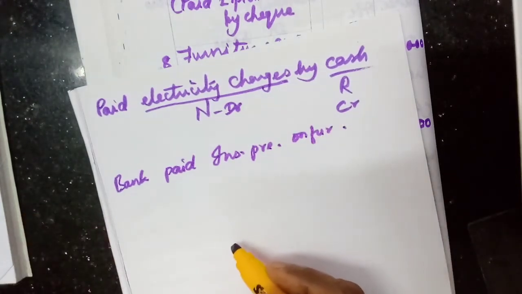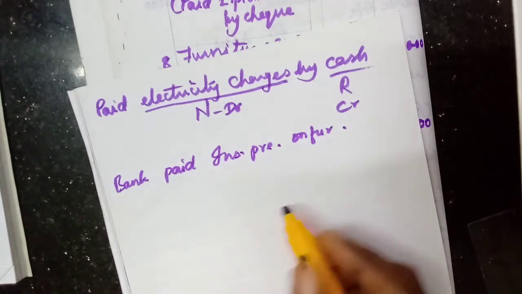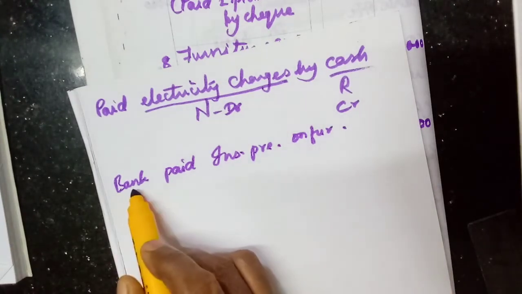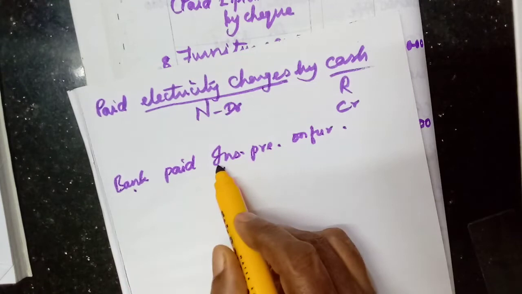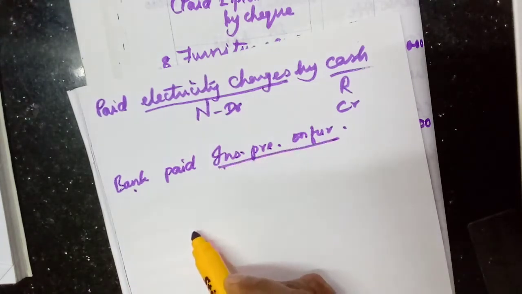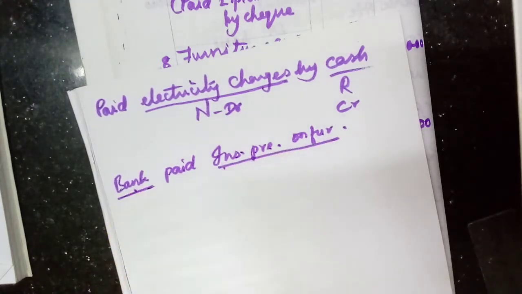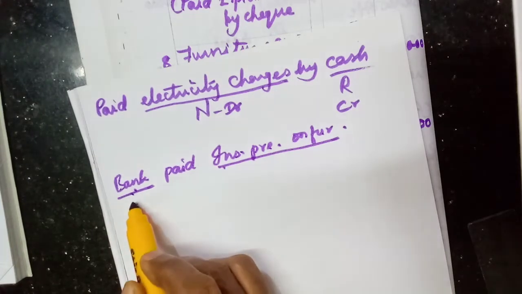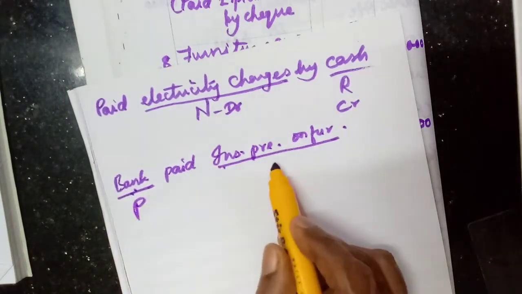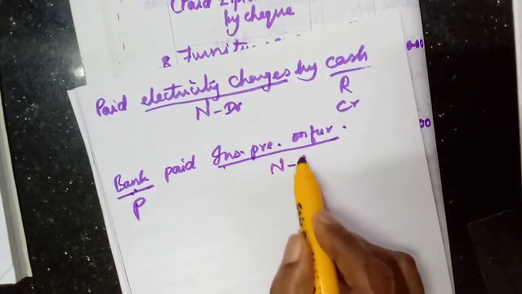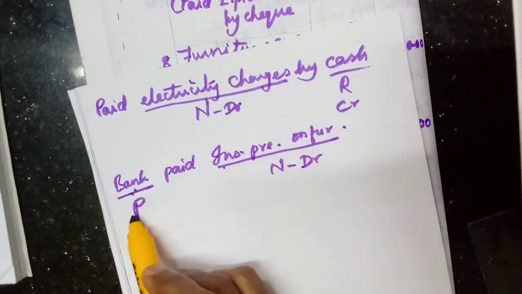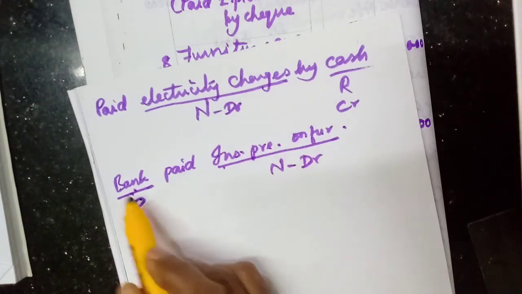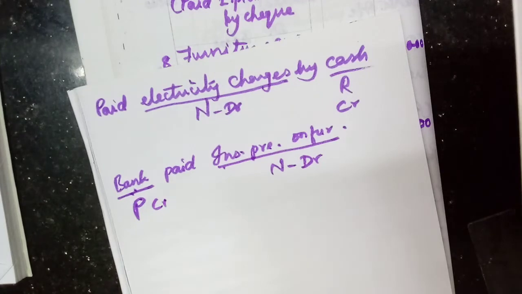Our instruction here, the account holder can give one instruction for the bank to pay some of his expenses. The expense name is insurance premium on furniture. Who is paying? Bank. So this one personal account, here it is nominal account. It is an expense, so we need to debit. Here personal account, debit the receiver, credit the giver. Bank is paying, so we need to credit.